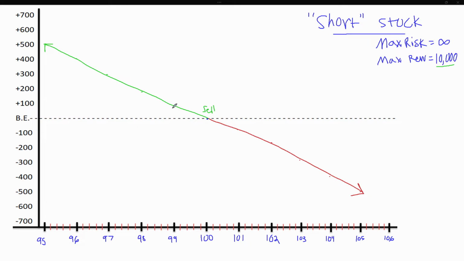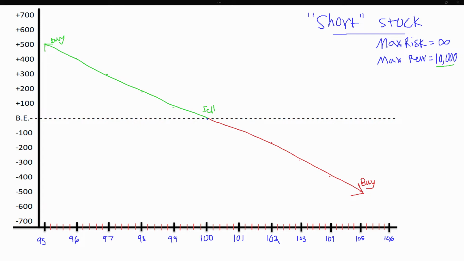But if I can buy it back cheaper at a later date, I make money. So I sold first, but I've got to buy it back second. If I can buy it back cheaper, I've made money. If I have to pay a higher price and buy it back more expensive, I've lost money. That's how shorting works.